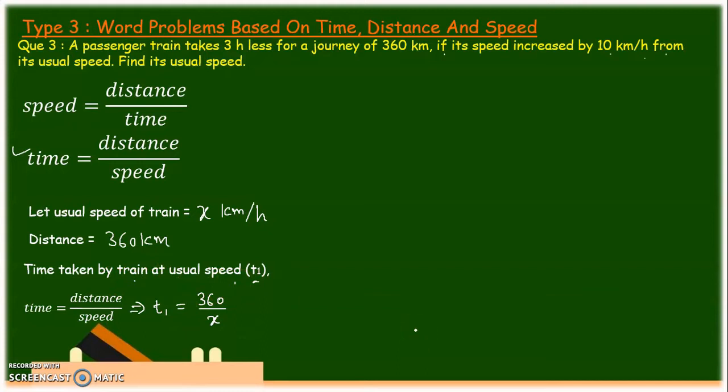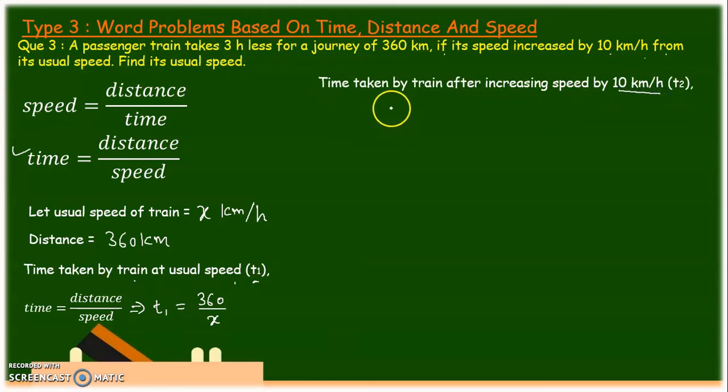Now let's find out the time taken by the train after increasing the speed by 10 km per hour. Same formula: here the time is t2, distance remains the same 360, and the speed is increased by 10 km per hour. Usual speed was x km per hour, so now this speed is x plus 10.